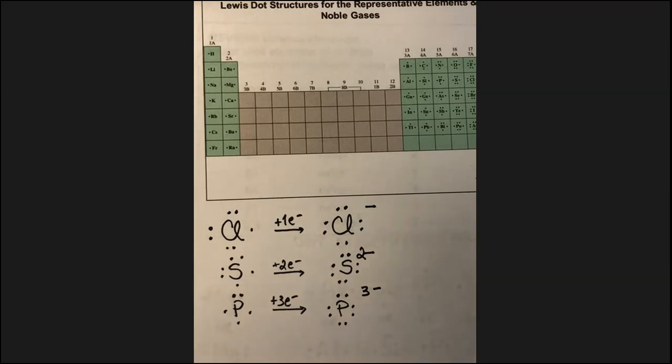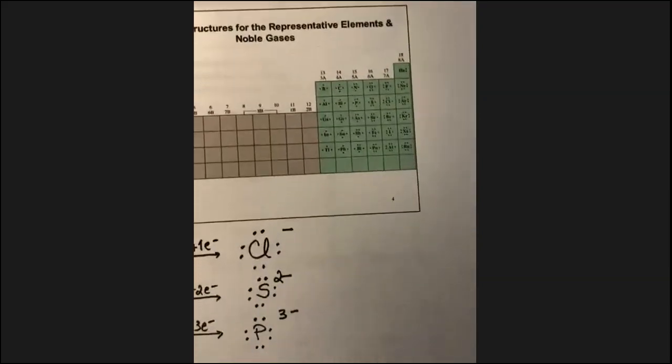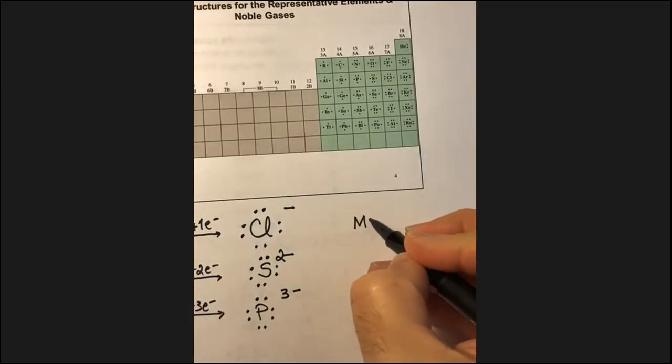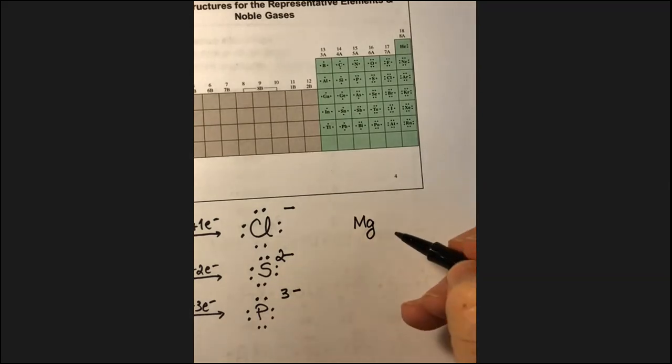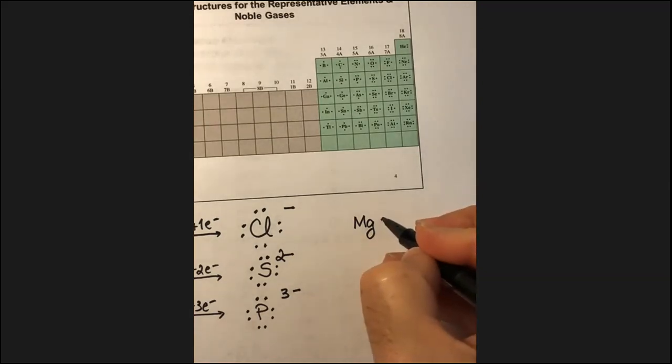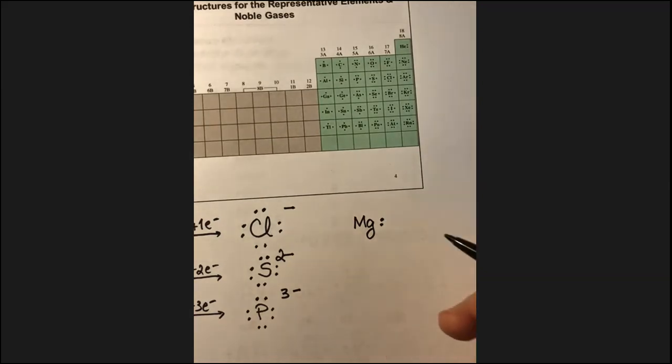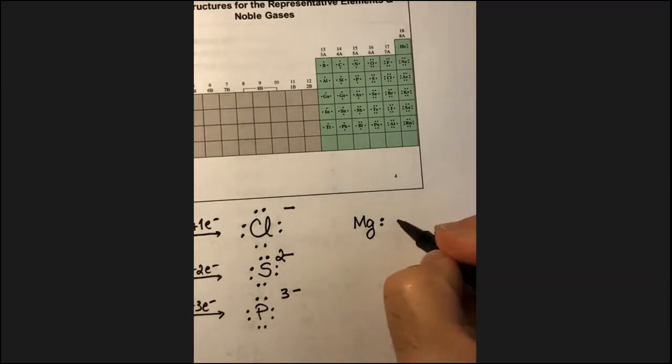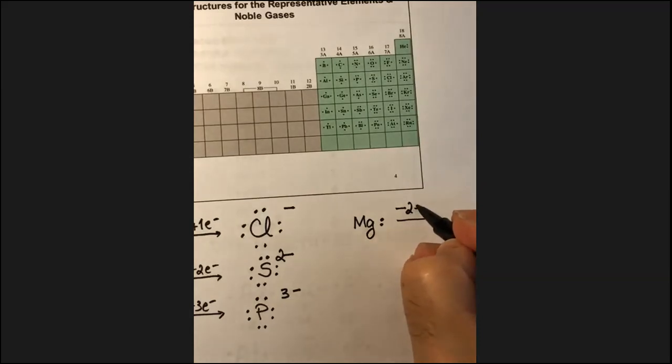Now you might ask, well, what about the metals? Well, for example, let's say that I want to do the structure for the magnesium ion. And we said that magnesium typically has the 2 electrons in the 3s subshell. And I like to put them together just to signify that they're in the same orbital. But remember that in the case of magnesium, it loses electrons, right? It loses 2 electrons. So we're going to end up with something that looks like this.